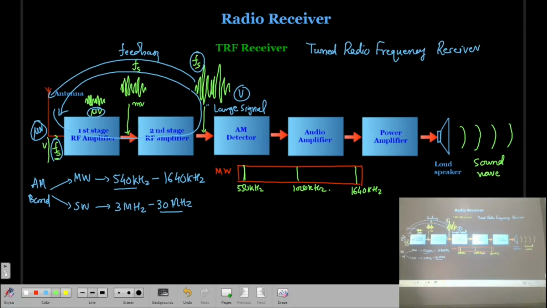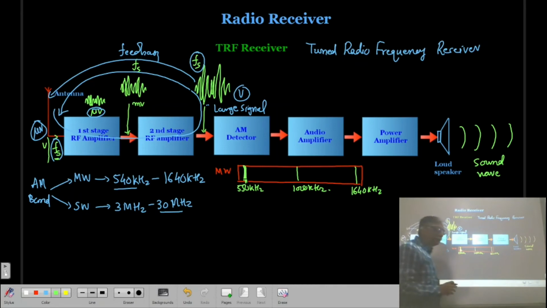Okay. Now suppose I am tuning a frequency of 550 kilohertz. It means my pointer will be here. The pointer of the radio receiver will be on 550 kilohertz.